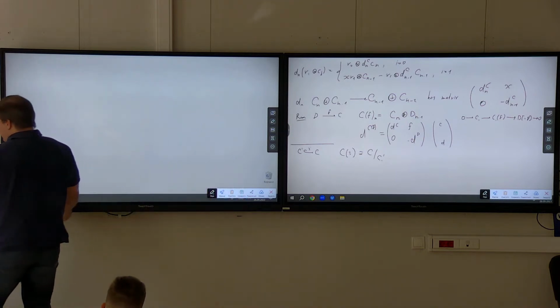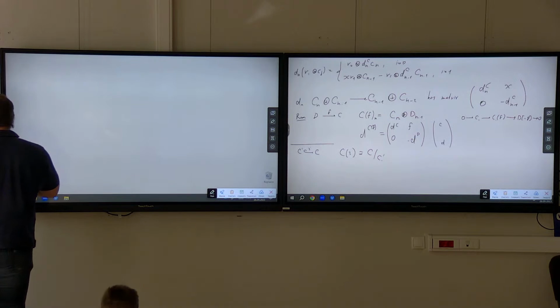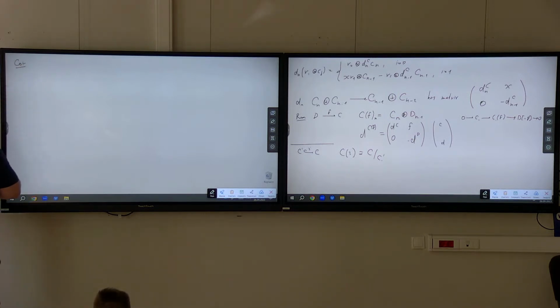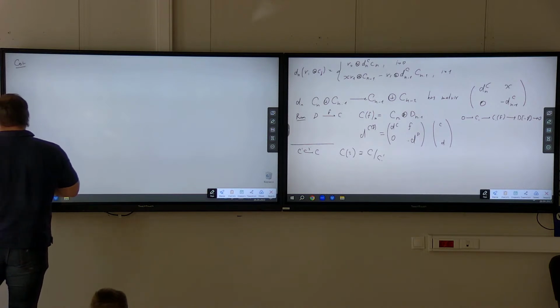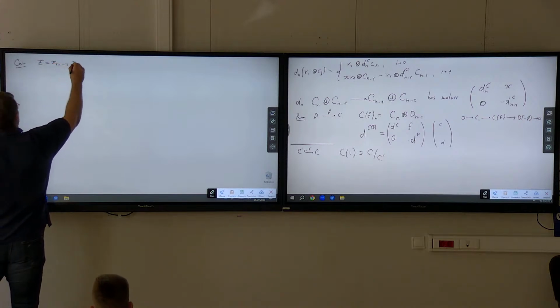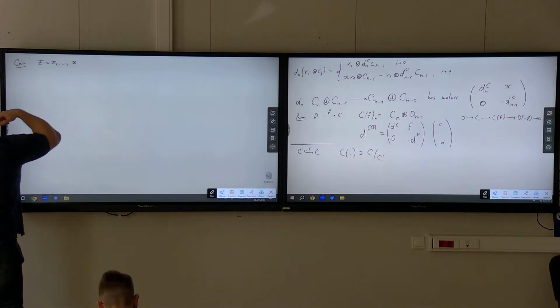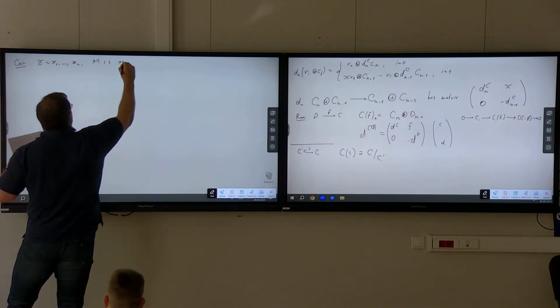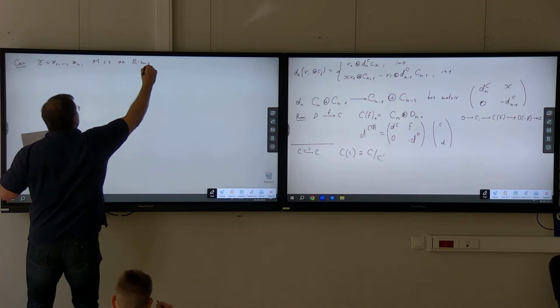Okay, so this is a corollary from this proposition. So suppose we have a sequence of elements x in the ring R, and M is an R-module.